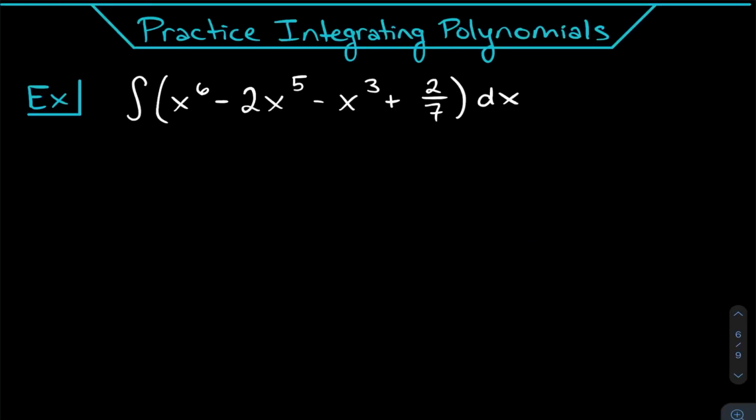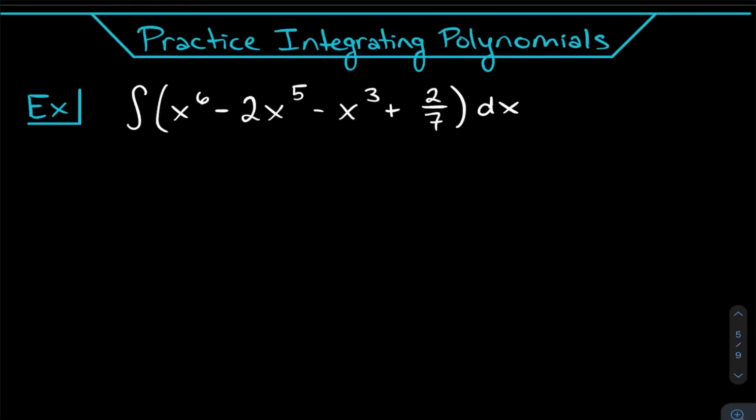Okay? So you have the integral of x to the 6th dx minus 2, right? You can just integrate this piece, and then this piece, and then this piece, and this one.